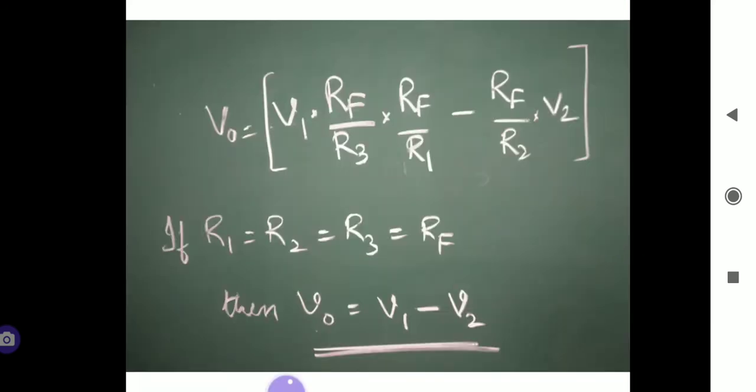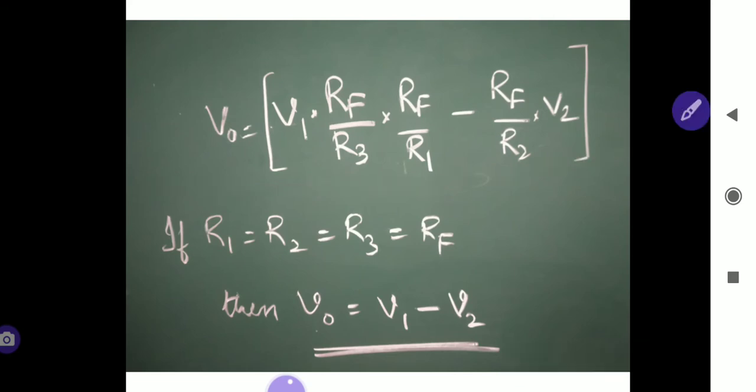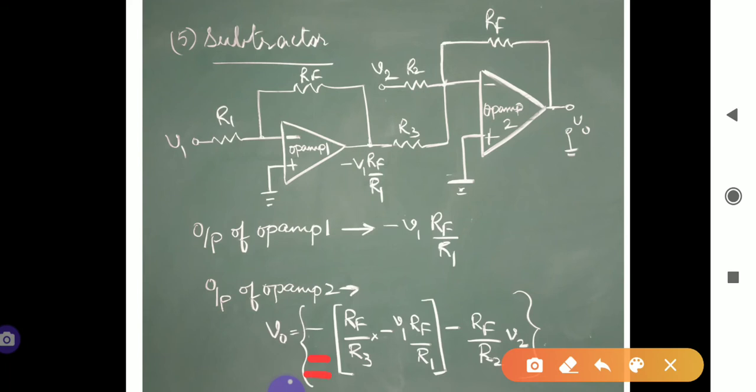So V0 becomes equal to, just taking the minus sign inside. In the previous slide we saw there was this minus sign here. I'm just multiplying it to this bracket only, not this bracket, because here we have already given a minus sign separately, and for this we are having a minus sign separately.